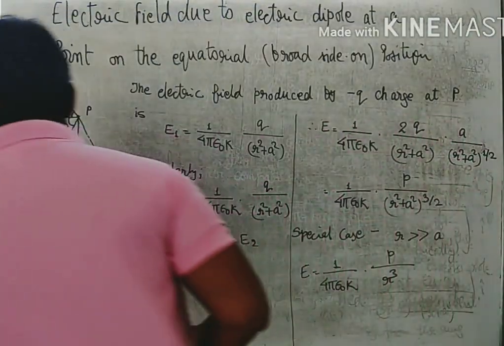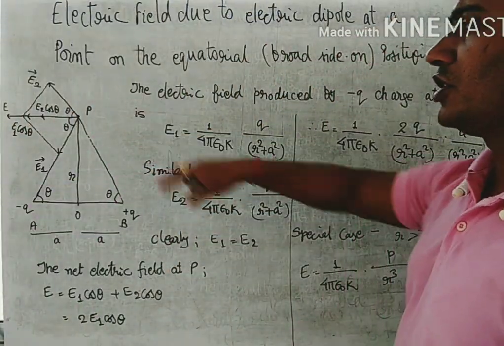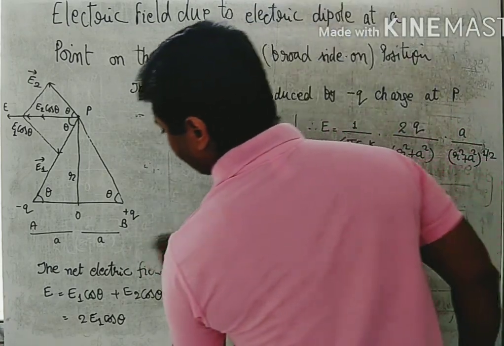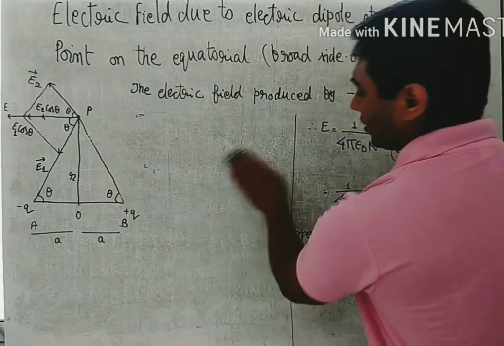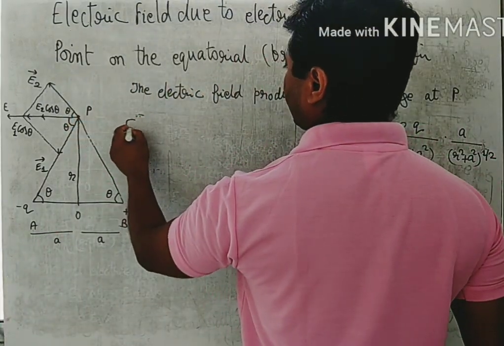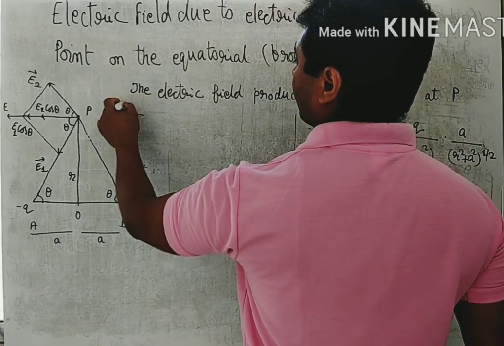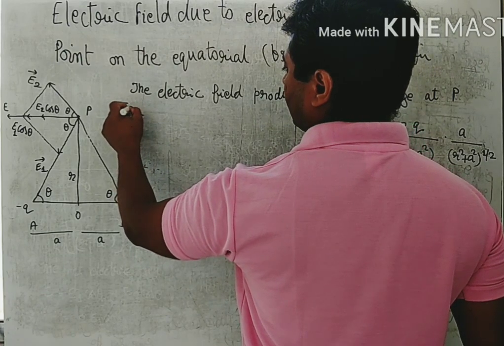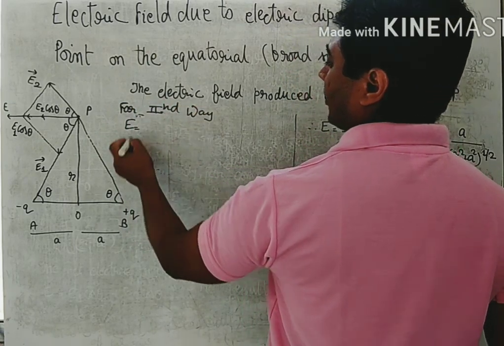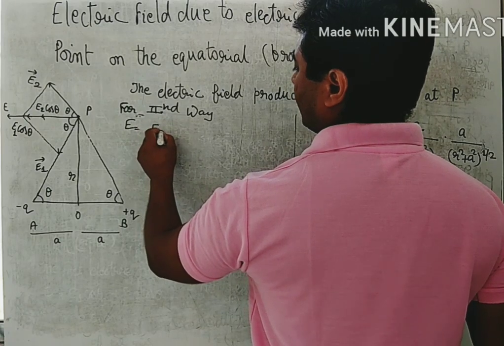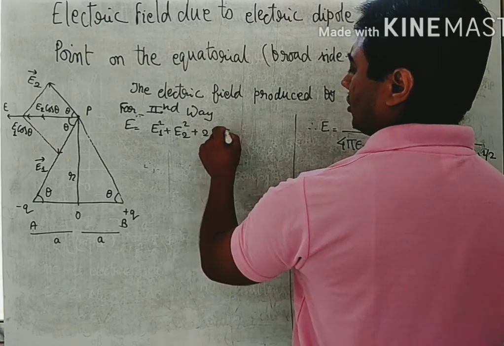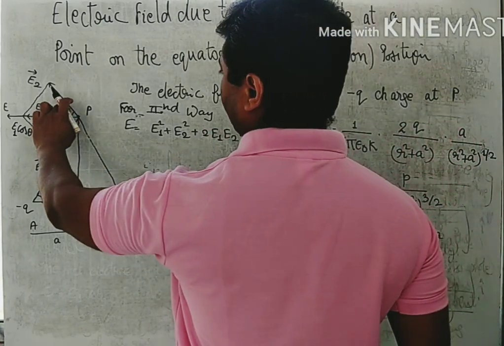Now for the second way, if you don't wish to resolve E1 and E2 into their components, you can use the parallelogram law of vectors addition. So under that condition, if we use the parallelogram law of vectors addition for the second way, E will be under root E1 square plus E2 square plus 2E1 E2 into cos of the angle between them.